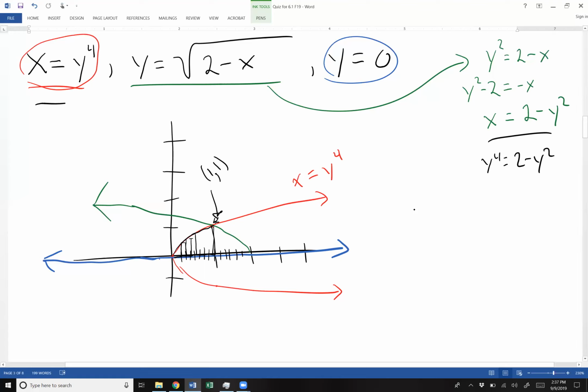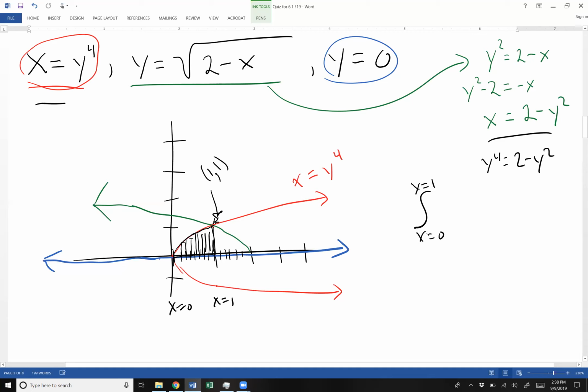Okay, so what would my first integral be? What are all of the x values? I'm just focusing on this part between the red and the blue. What are all of my x coordinates where I'm accumulating area? All my x coordinates go from x equals 0 to x equals 1.